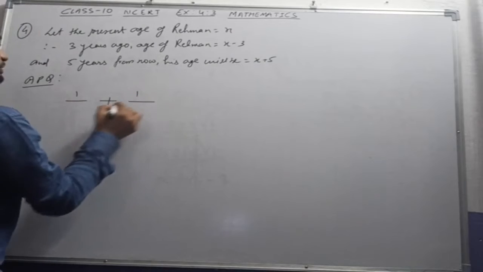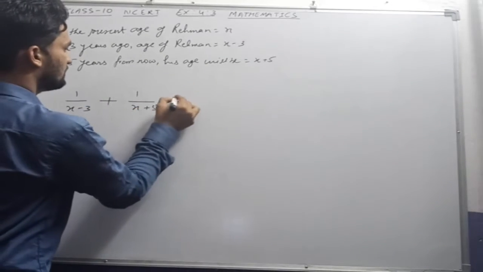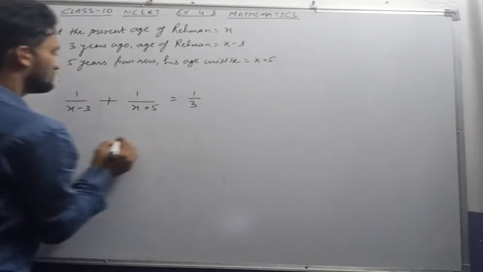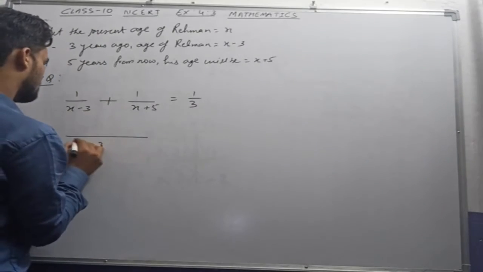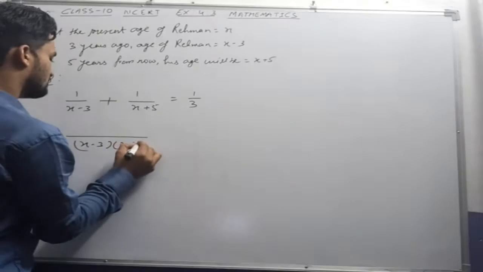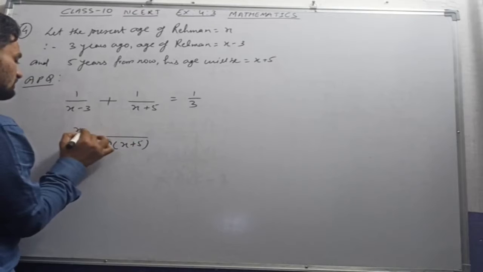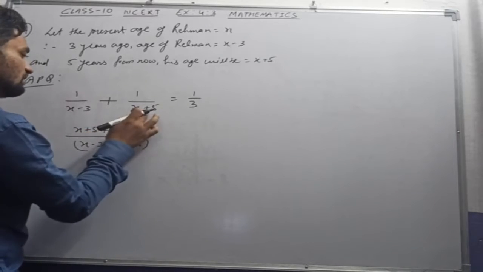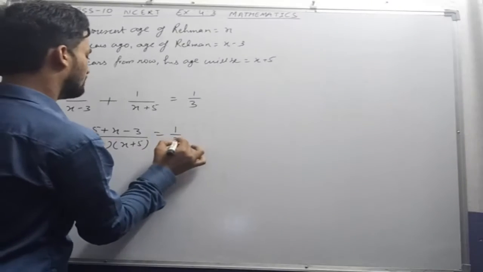1 upon X minus 3 and 1 upon X plus 5 is equal to 1 by 3. So let us take the LCM also. This will be X minus 3, this will be X plus 5; X minus 3 will cancel out, this will be X plus 5, plus X plus 5 and X minus 3 cancel out, is equal to 1 by 3.